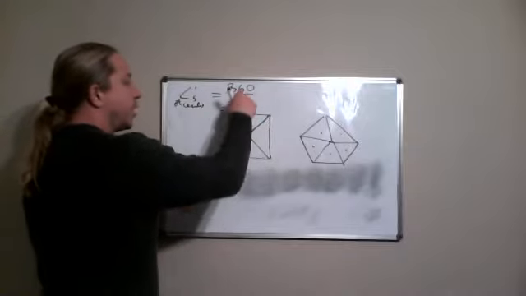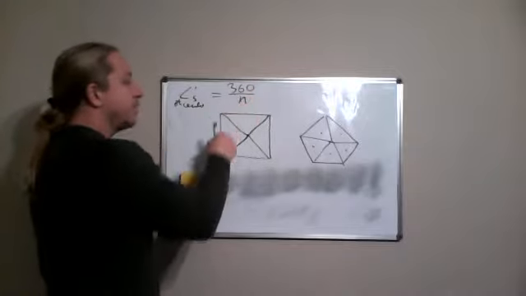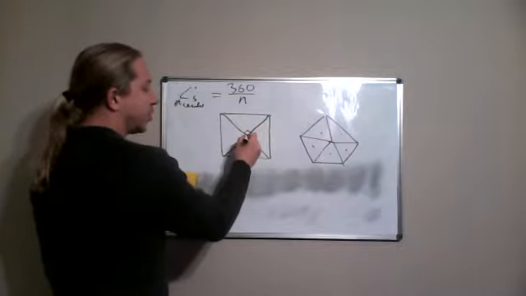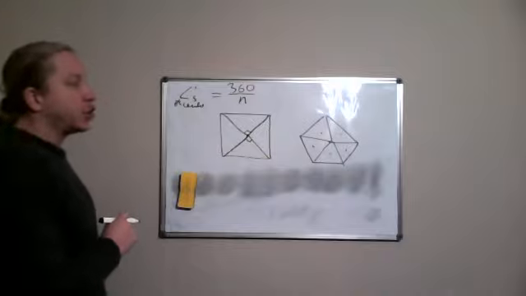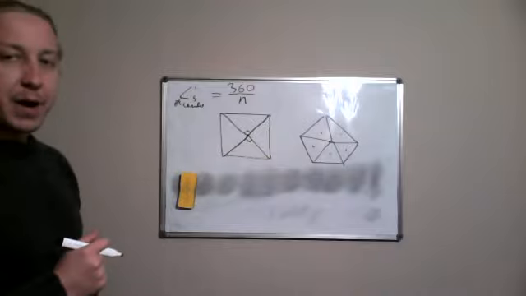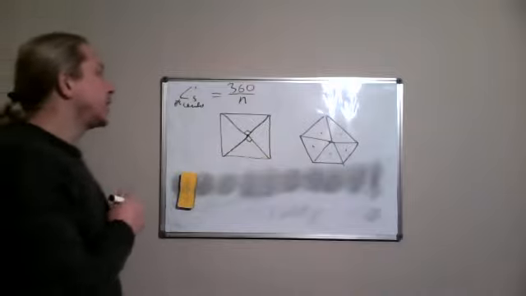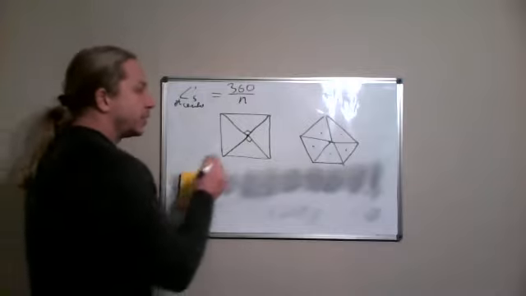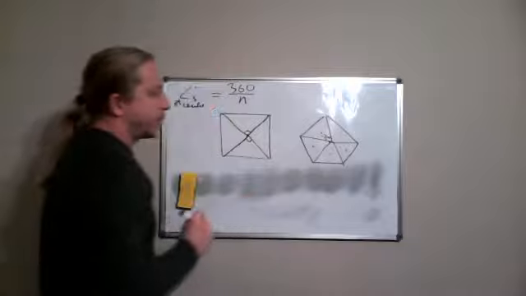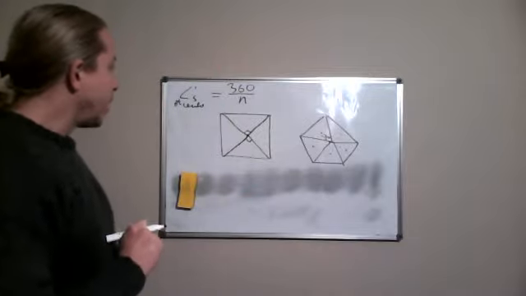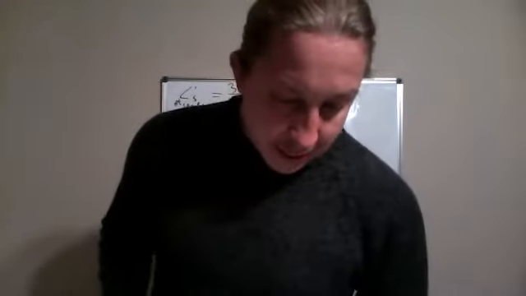It's 4. 360 divided by 4 gives me 90. Yes, those are 90-degree angles. If we have a 5-sided shape, well, 360 divided by 5 is 72 degrees, meaning that this is going to be 72 degrees everywhere. All right, cool, guys. Let's continue.